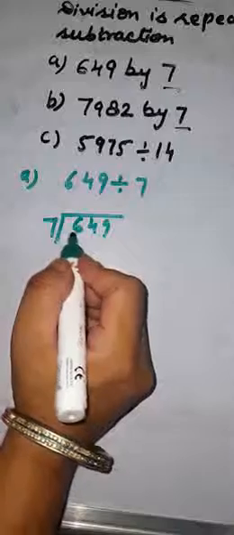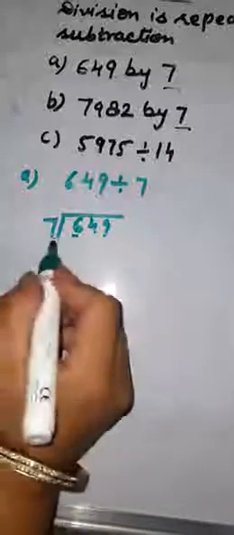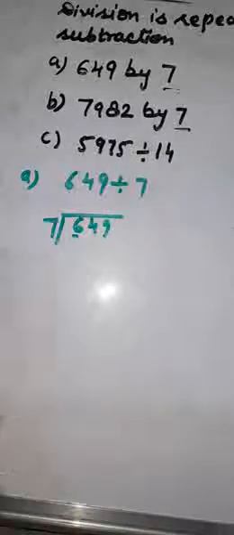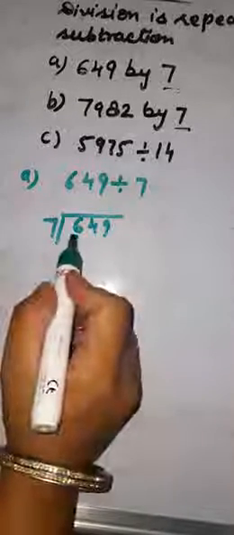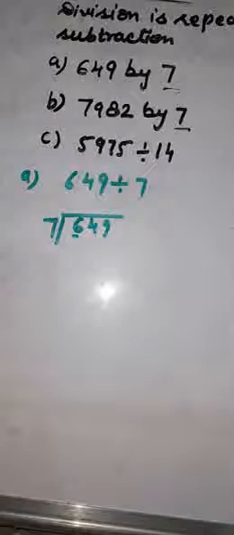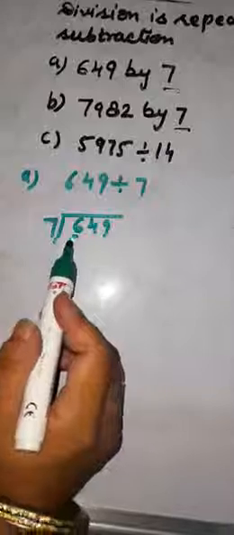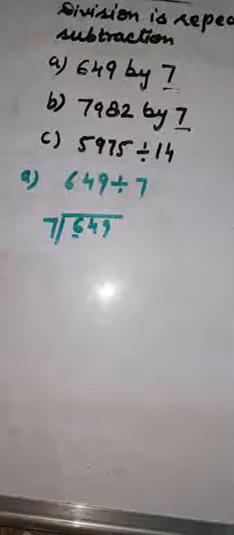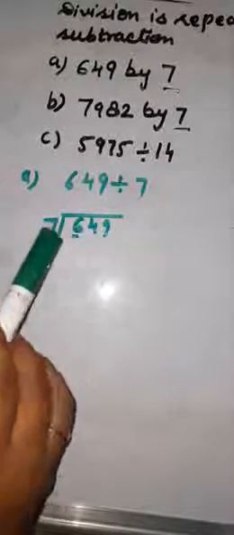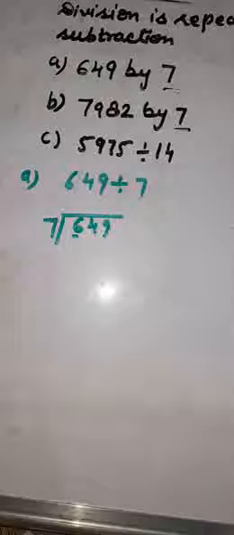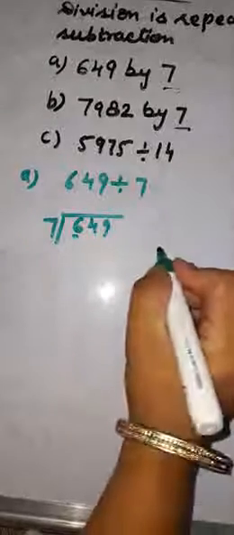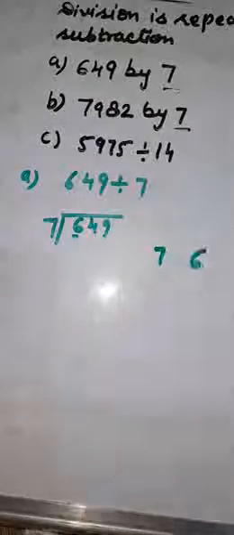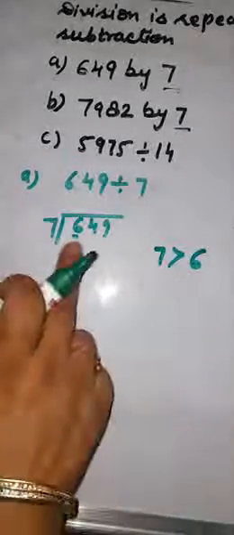So here we have 6. 6 is smaller than 7, right? So we can't divide it now. This is the first step. Whenever we divide any number, we check whether the first number is greater than the divisor or not. So here 7 and 6. Which one is greater? 7 is greater. So we can't divide 6 here.